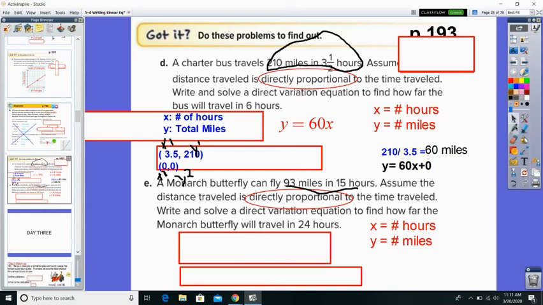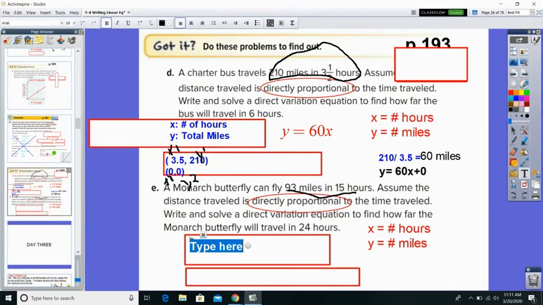So right now, I know that I can set up my slope-intercept form to help finish this equation. If I set up my slope points, your first point, the butterfly isn't flying any hours, and that means it's going no miles. So your first point could be 0, 0. Your next point, in 15 hours, because 15 is the x, it goes 93 miles.